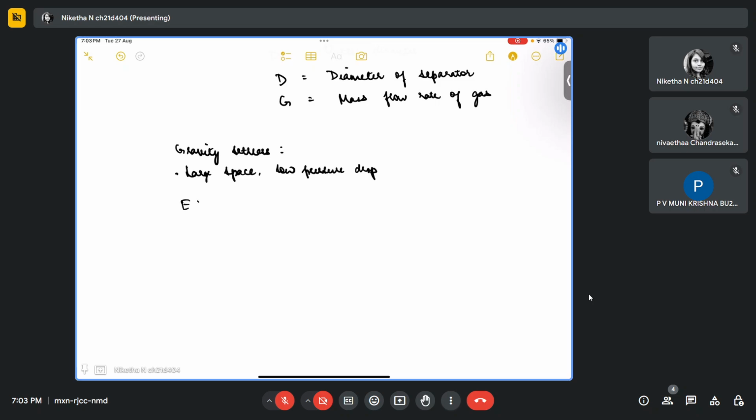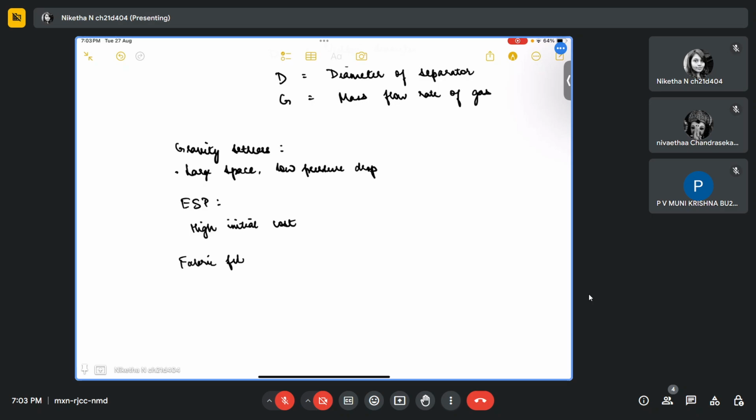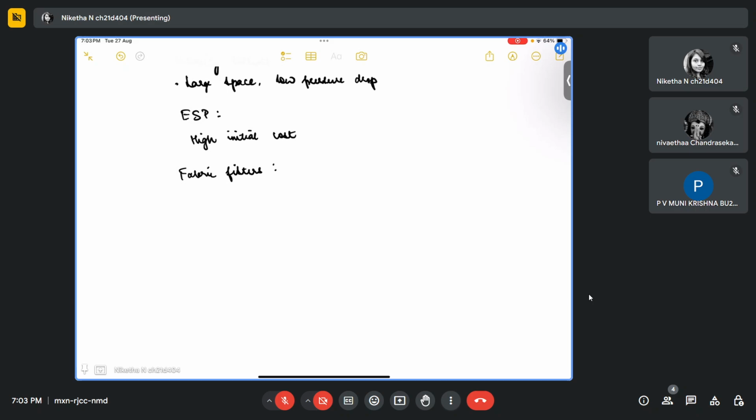When we have electrostatic precipitators or ESP, their initial cost is high, but they are very efficient. And when we have fabric filters, they cannot be used in humid atmospheres, for example, when it is rainy, during monsoon season, etc. They are also very much prone to chemical attacks.